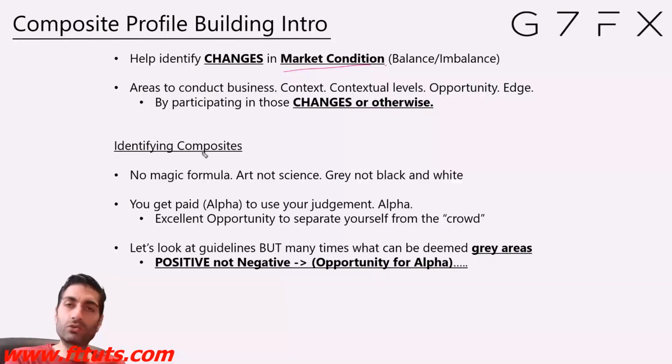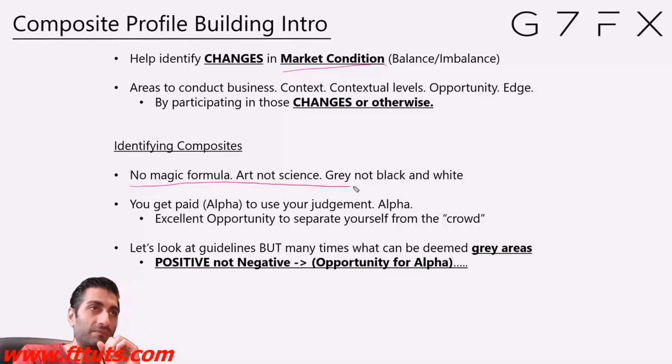I already talked about it in part A, that we're combining balance areas together, value, but I cannot stress this enough: there's no magic formula. There are going to be times where it isn't obvious what you should do.